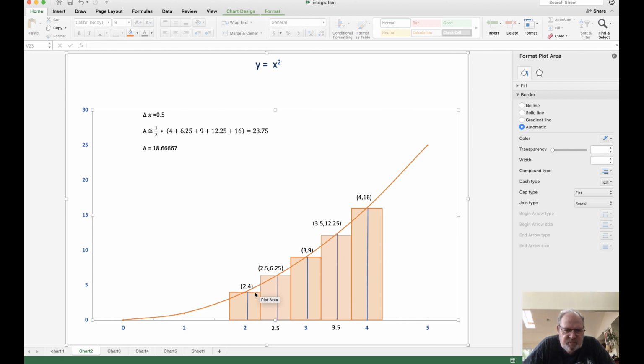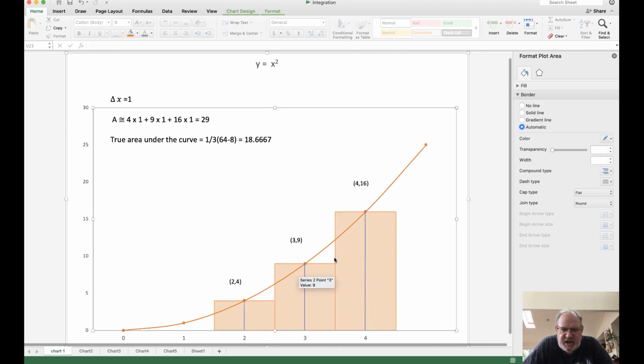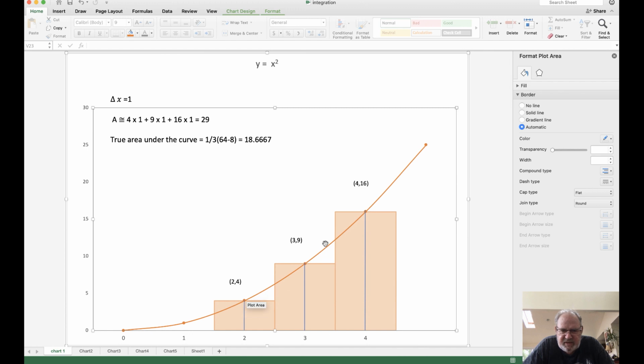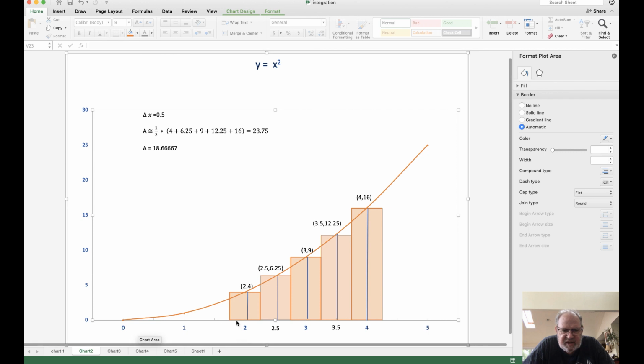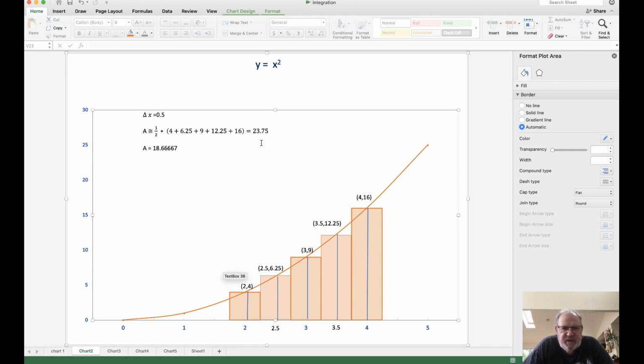That error is smaller than in the first chart, where the error was pretty big. When you look at these, what's being included and what's being excluded. So as we shrink the base of the rectangle, the approximate area becomes closer to the actual area.